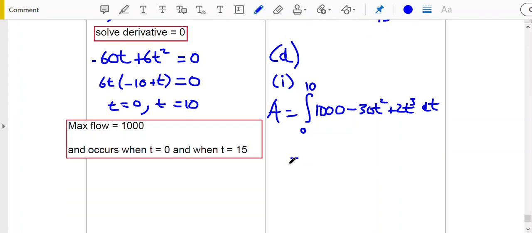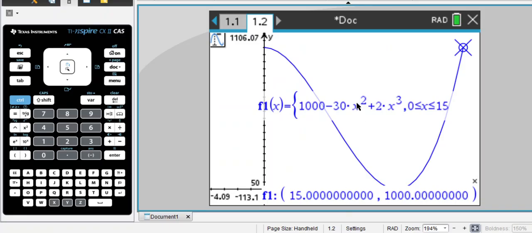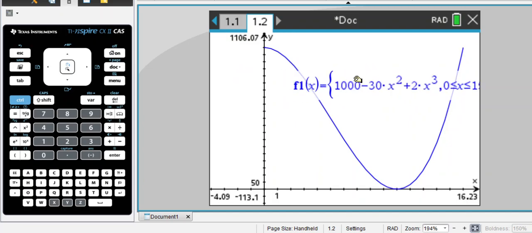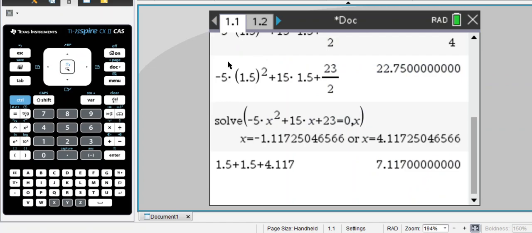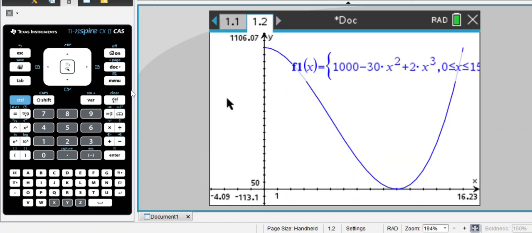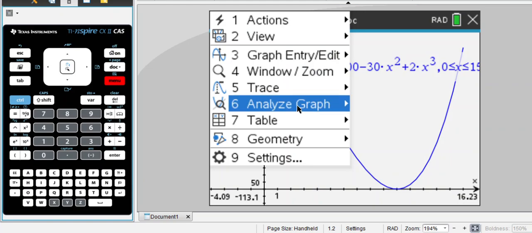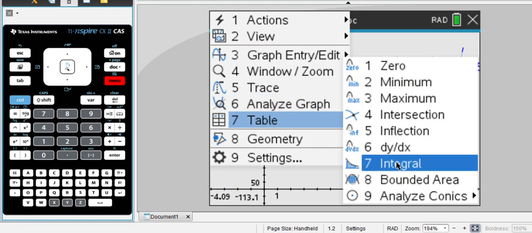But now we can just use our CAS to do that. I will do it on the graphs page and hope that the answer is not the square root of something. Otherwise, I will have to do it on the calculator page. Since I've got the graph here, I'll go menu, analyze graph, integral.